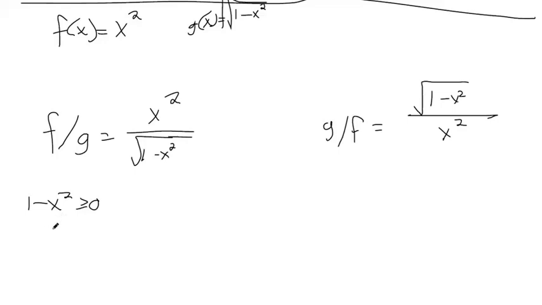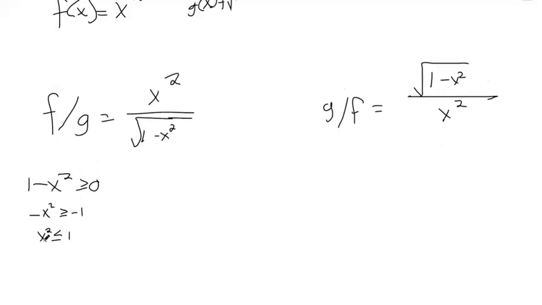Okay? And so if you solve that inequality, subtract 1 from both sides, you get negative x squared is greater than or equal to negative 1. Divide both sides by negative 1, which means I need to flip the inequality symbol. And then to solve for a variable being squared, you can square root both sides. So you get x is less than or equal to positive or negative 1.